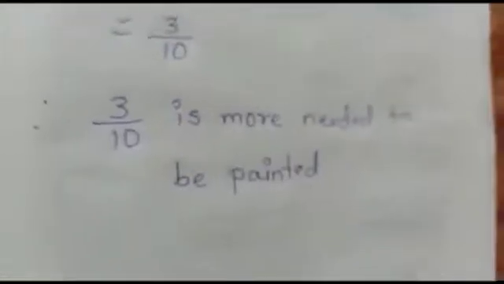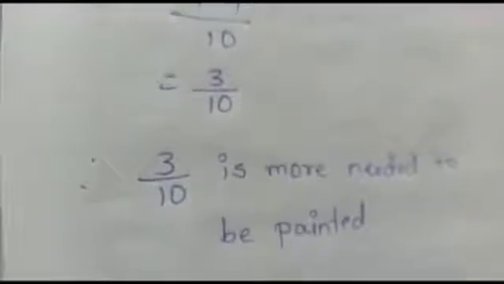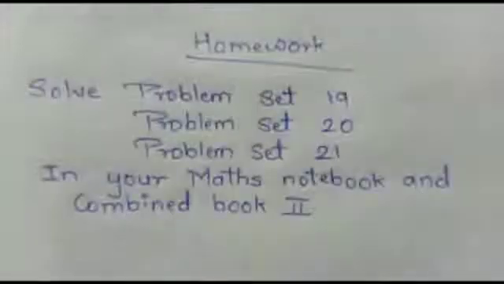So students, in this way you have to solve this problem set 20, problem set 21. Now students, homework for you all is that you have to solve problem set 19, problem set 20 and problem set 21 in your maths notebook and combined book number 2.